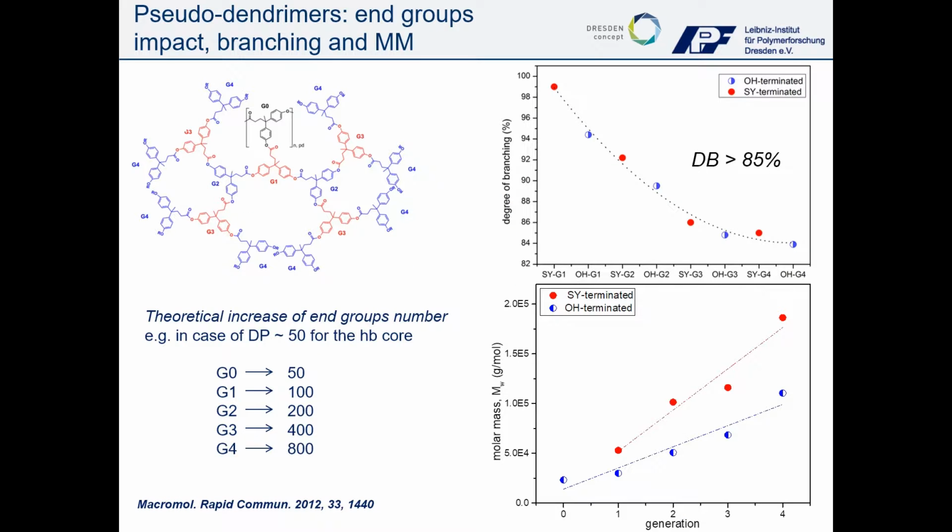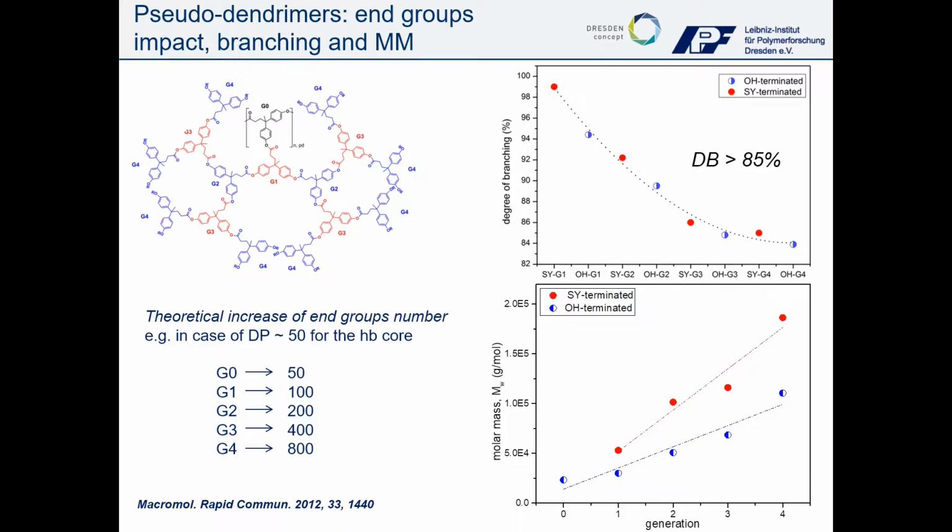Finally, what we can obtain by building these pseudo-dendrimers in different generations is first of all an increase of the functional groups, starting with 50 functional groups in the case of the hyperbranched core, and going up to 800 for the fourth generation of pseudo-dendrimer.